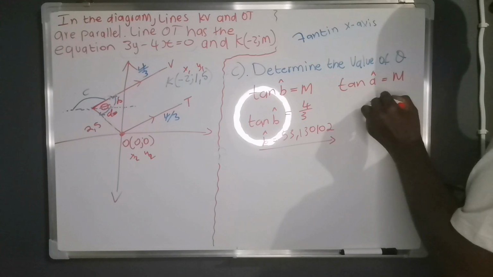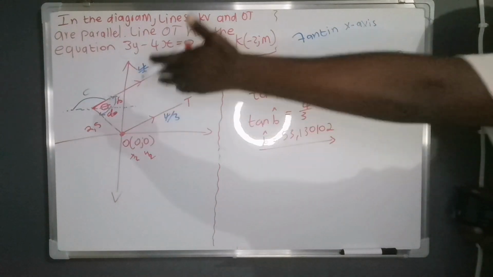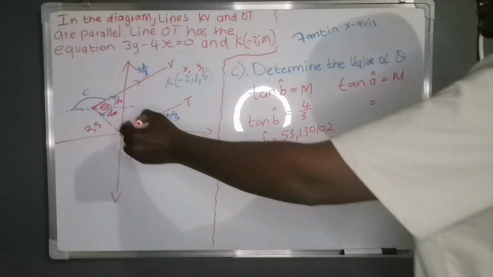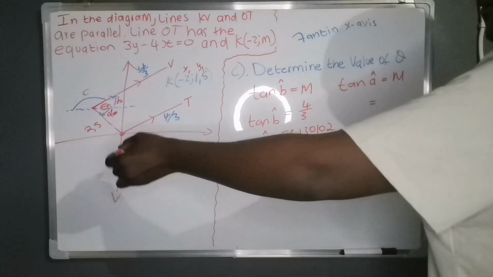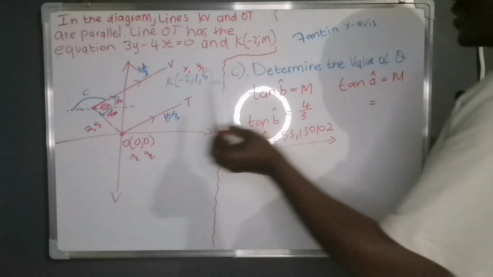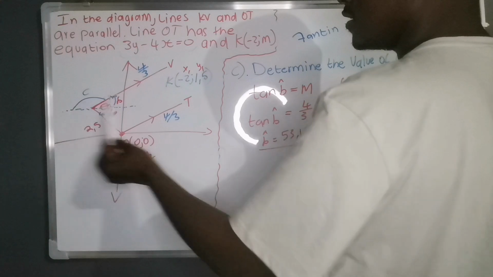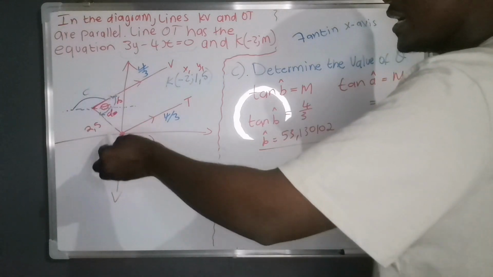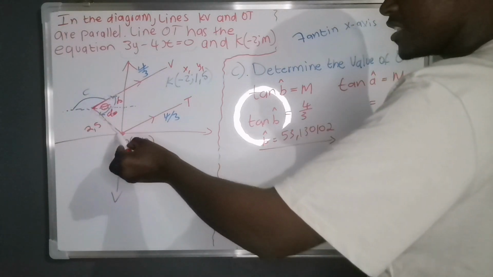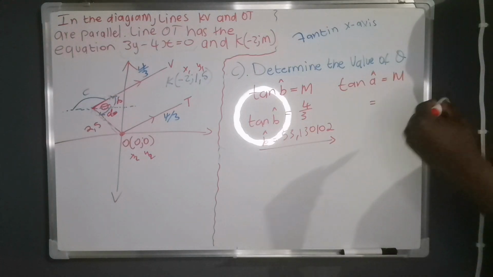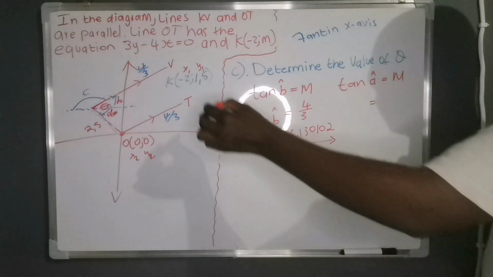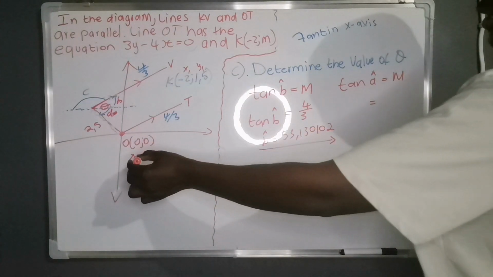Then we don't have the gradient of the line. Angle A is an angle between our Finton x-axis and line KO. Then we need to find the gradient of this line KO. We don't know the gradient of line KO, but we can find it properly. So we can use x1, y1, x2, y2.